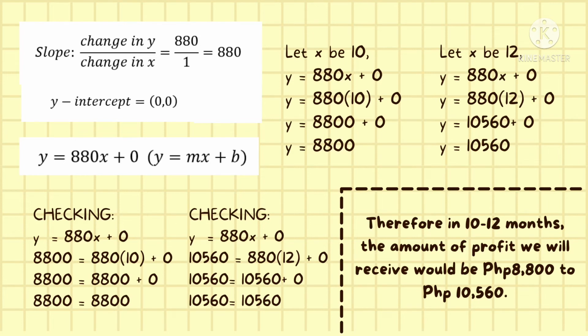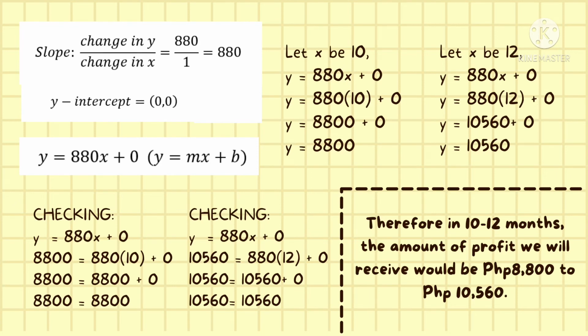Now let us solve for the value of x as 12. The same process will be done, where we substitute 12 into the equation, where the equation will become y = 880 times 12 plus 0. Then we multiply 880 and 12, where the answer would be 10,560.